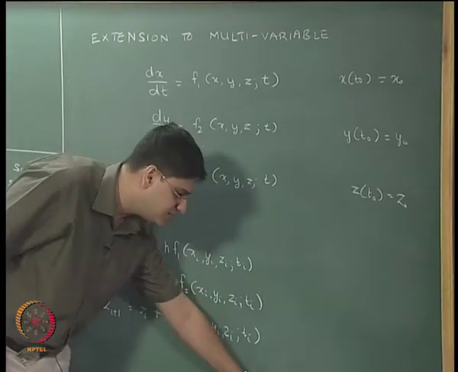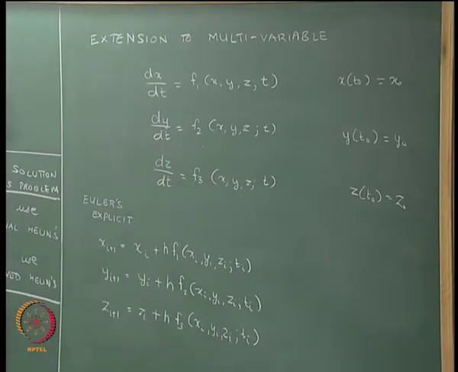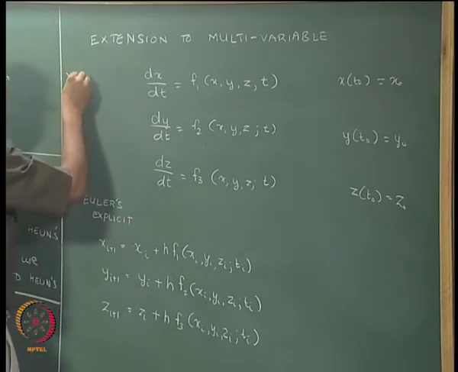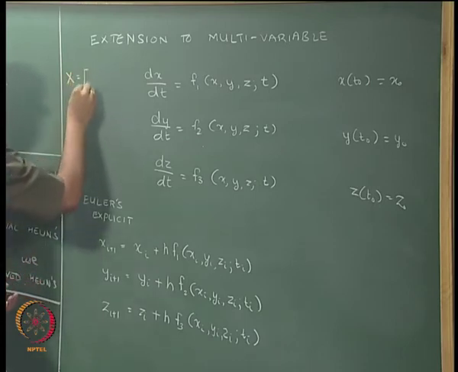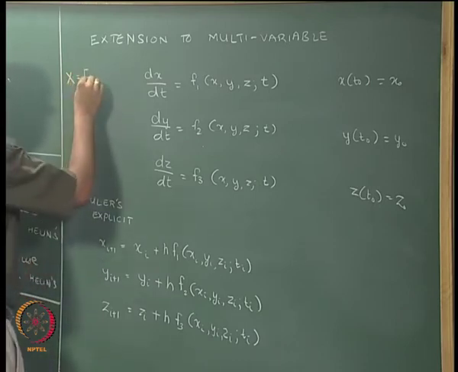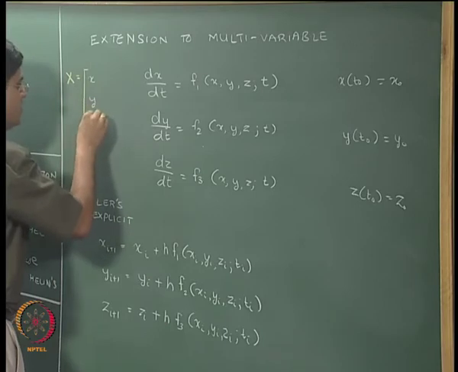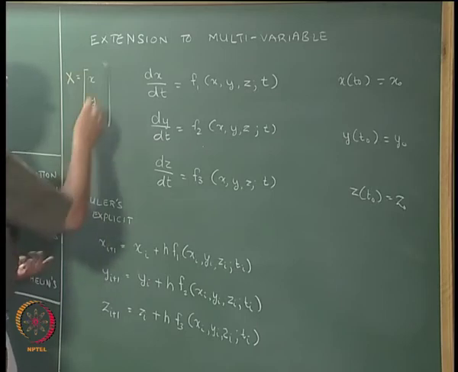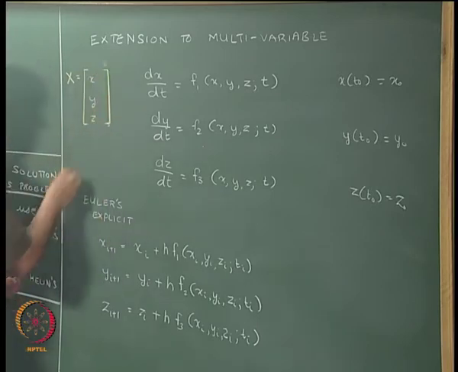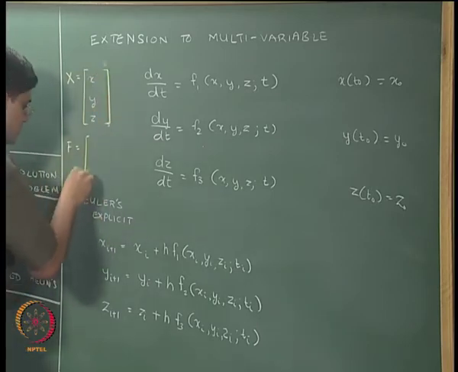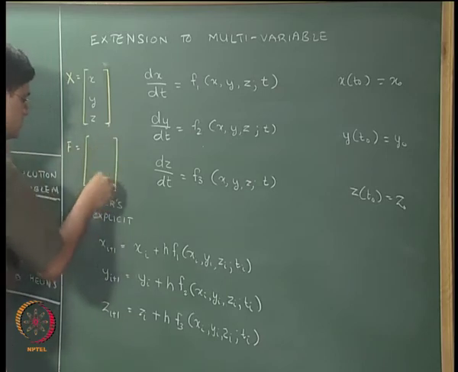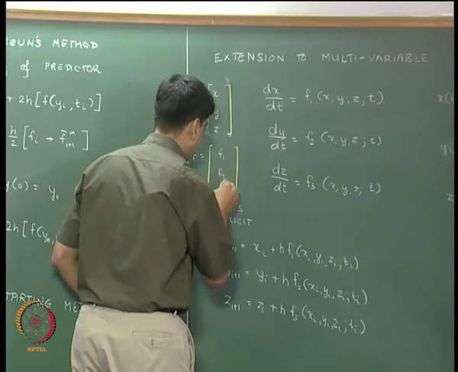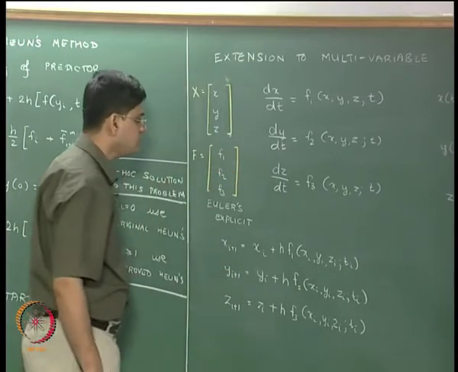Now, let us write this in a vector notation. In vector notation, we will choose our vector capital X as nothing but x, y and z, and our vector capital F as nothing but f1, f2 and f3. Okay.